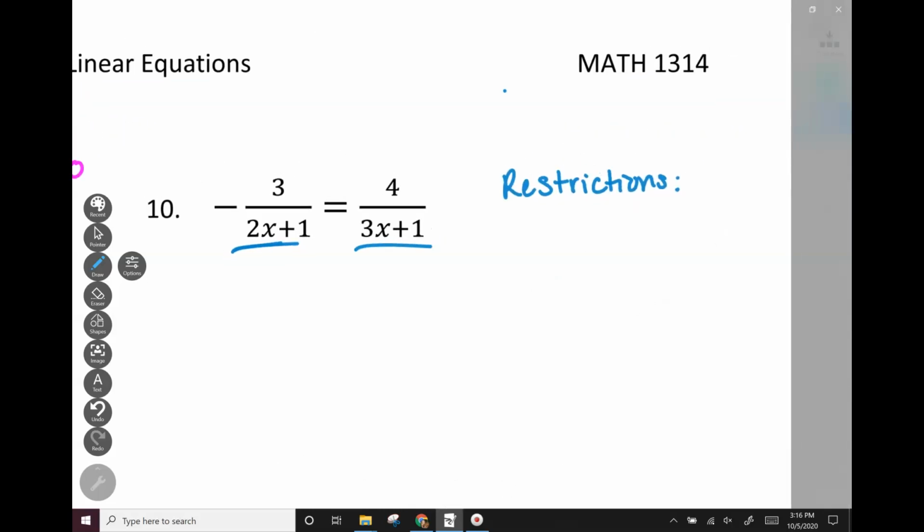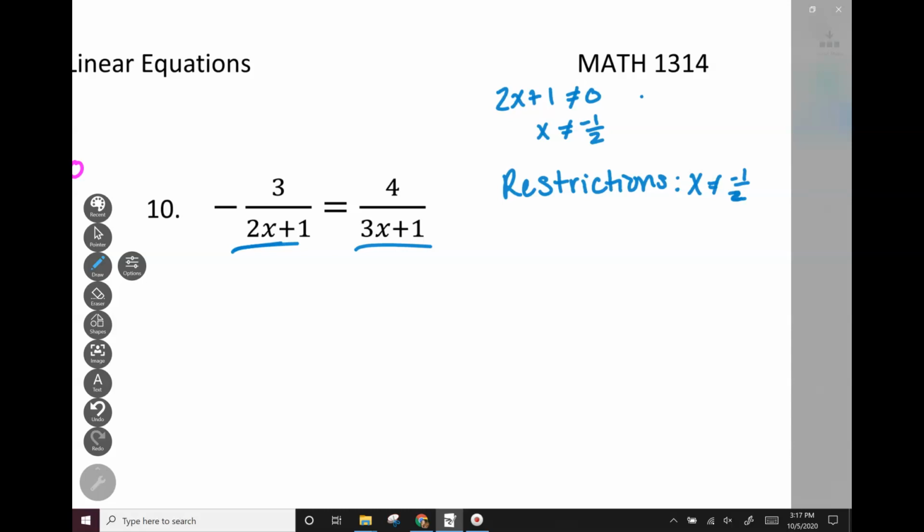So I would do 2x plus 1, and I do cannot equal 0 to remind me that it's a restriction. 2x plus 1 cannot equal 0 because that would cause me to divide by 0. So let's figure out what value of x would cause this to equal 0. Subtract the 1 and divide by 2. So x cannot equal negative 1/2. So that's one of our restrictions, negative 1 over 2.